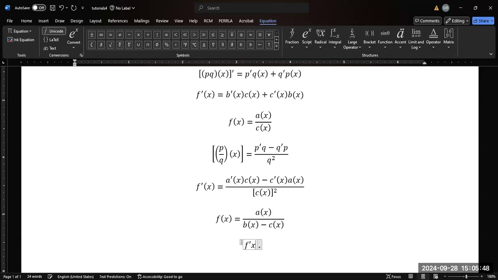So F prime of x, using the same quotient rule as above, is going to be A prime of x times the original B of x minus C of x, minus, using our properties from part A, B prime of x minus C prime of x, that's our derivative of the denominator, times A of x, all divided by B of x minus C of x quantity squared.